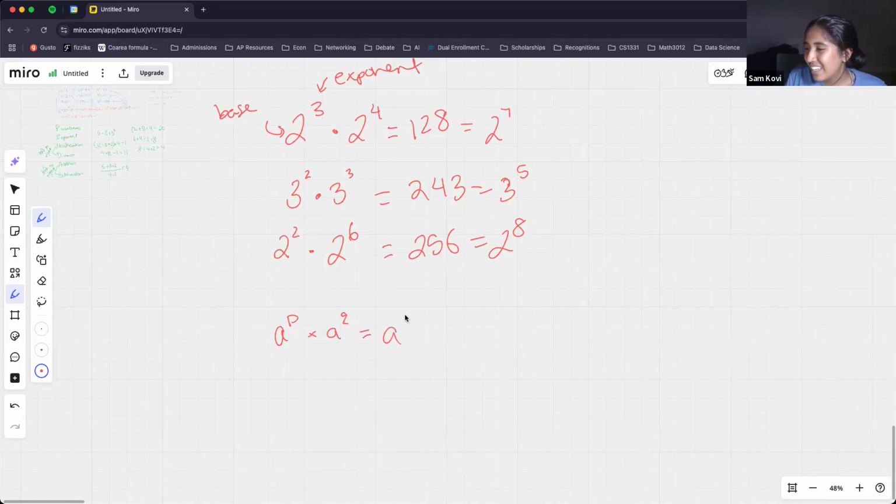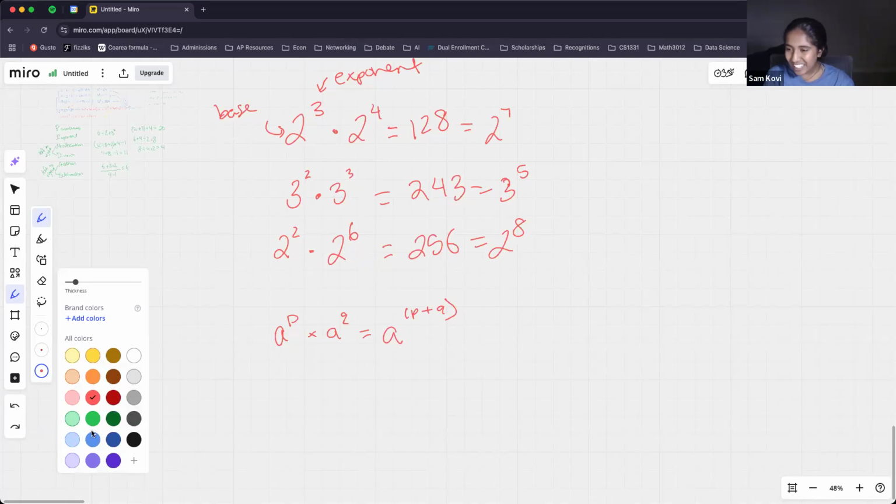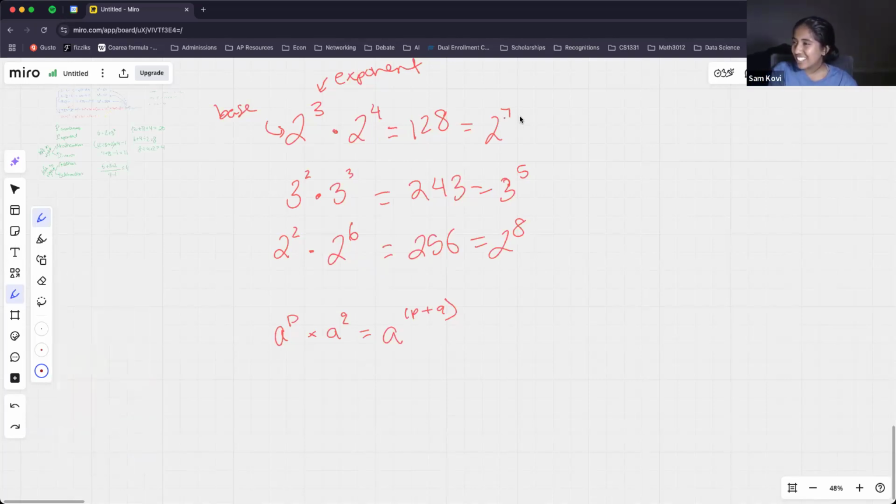Perfect. As you can see, for all of these questions, 7 is 3 plus 4, 5 is 2 plus 3, and 8 is 2 plus 6. So we're able to add these exponents together to get the term over here.